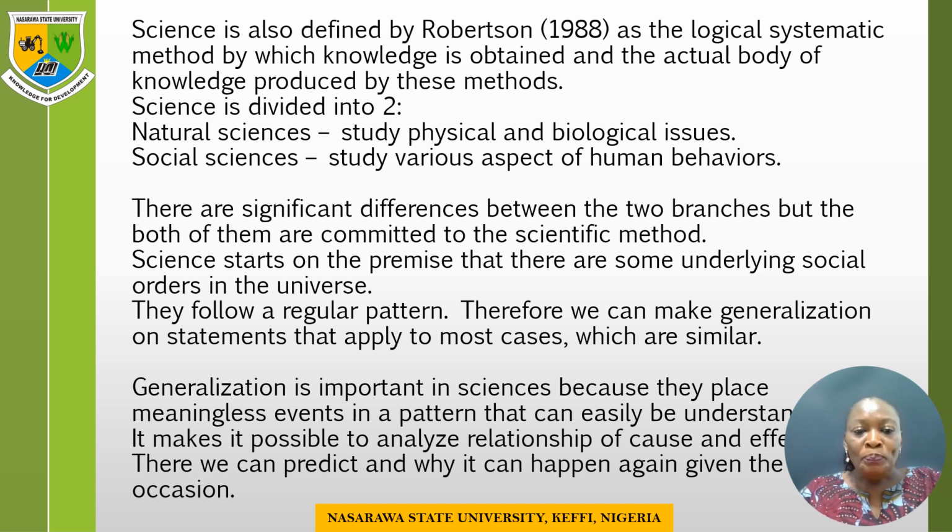It makes it possible to analyze relationships of cause and effect. What are the causes? What are the effects? You look at both. If you are generalizing, you can predict why things are happening, and why they can happen again given the right occasion.